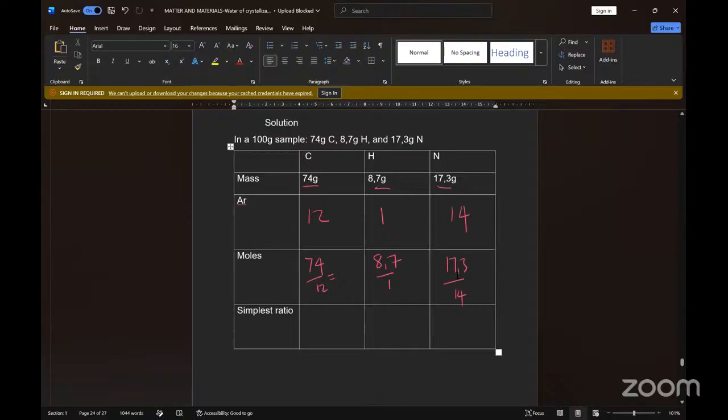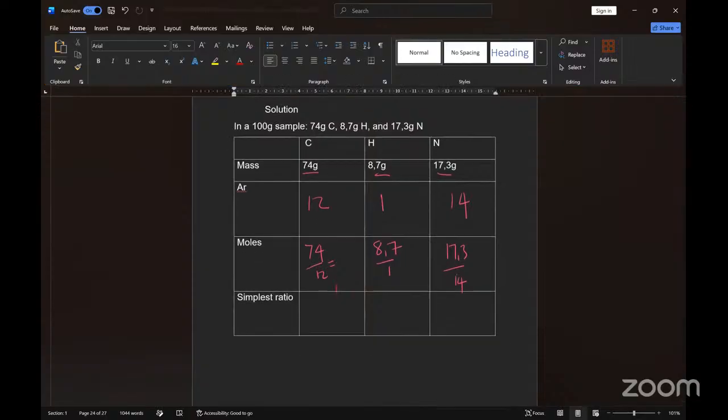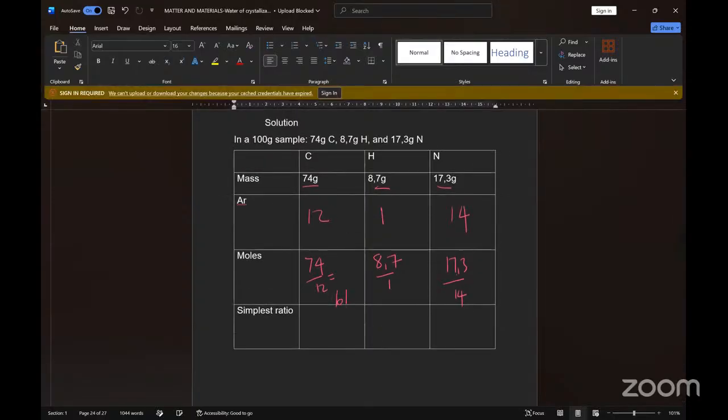So in terms of this one, your 74 divided by 12 gives you, according to my calculator, 6.1, then 6.7.